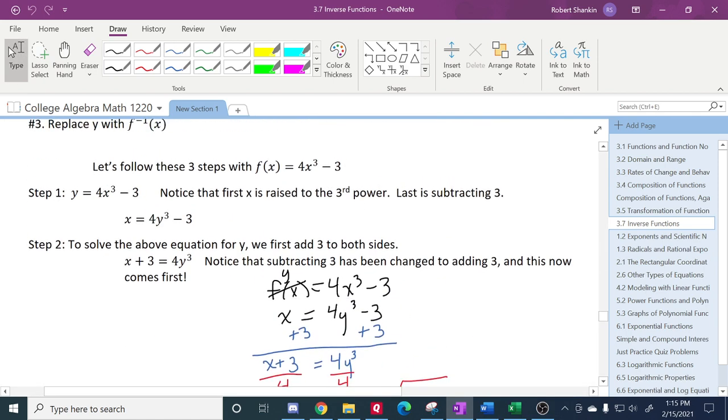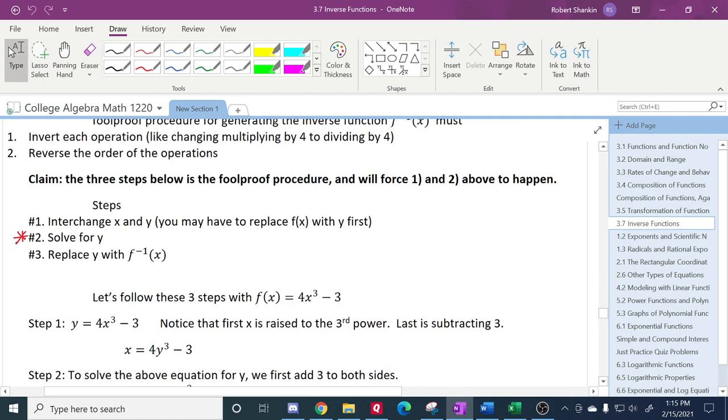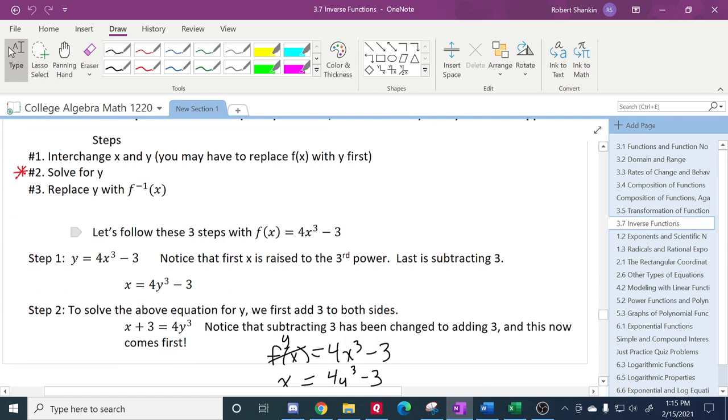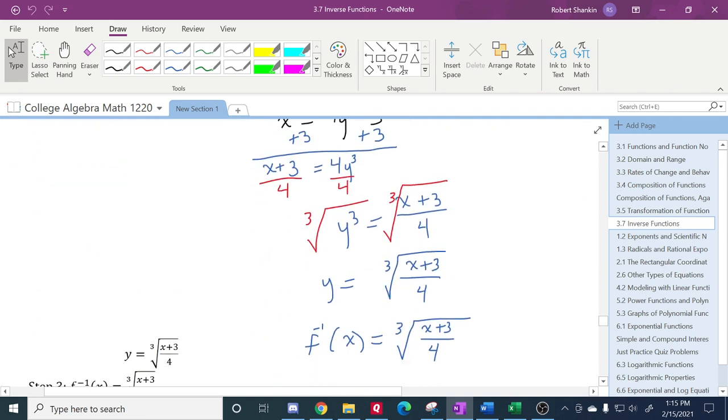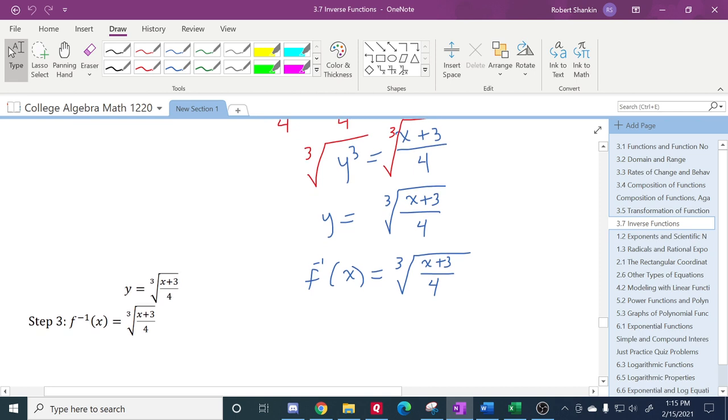Okay, and those 3 steps are interchange x and y, solve for y, replace y with f inverse. And that will get you the inverse function. No matter how complicated, sometimes functions are really intensely complicated, but we don't have to worry about which one came first and how do I do it. This procedure always gets us the right inverse function. Any questions?